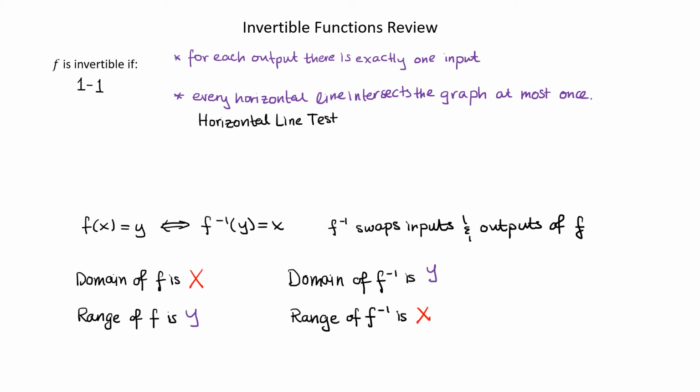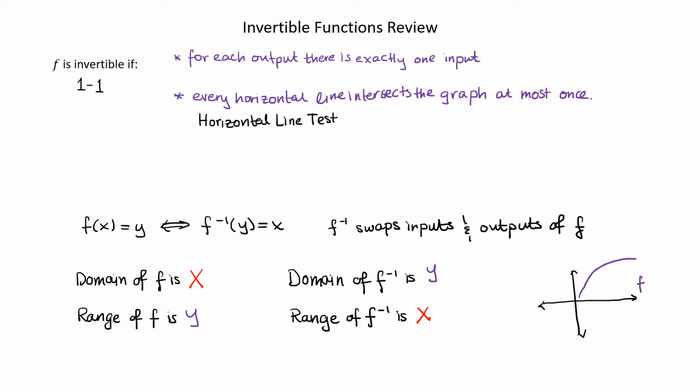If we want to produce a graph of an inverse function from the graph of a function f, we have two main methods. One is just to switch our xy pairs. And the other is to reflect our function across the line y equals x.